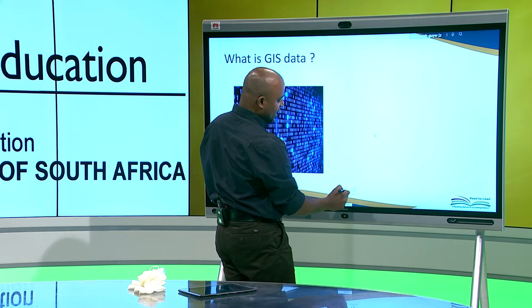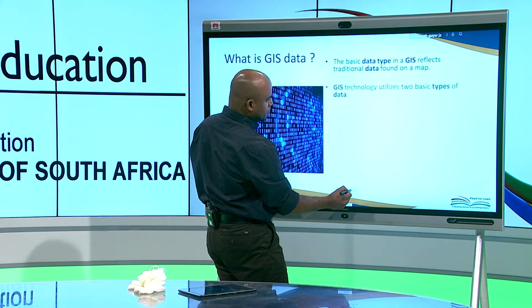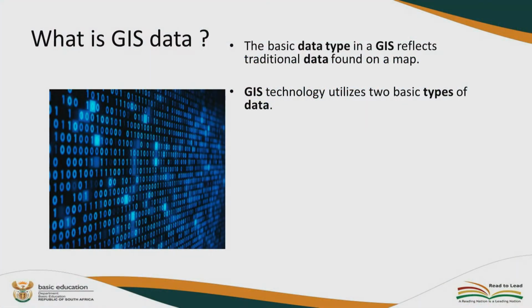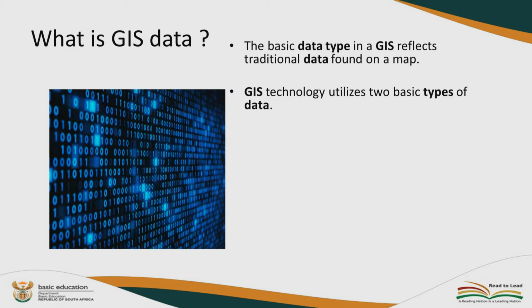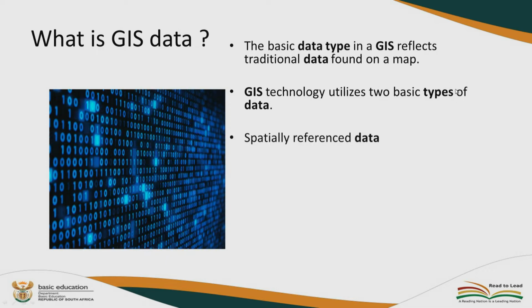And when we're looking at it, you will then find that GIS plays an important part in understanding what this data is. So, the basic type of data in a GIS reflects traditional data found on a map. When we're looking at these two basic types, what you should consider is that data occurs in two ways.